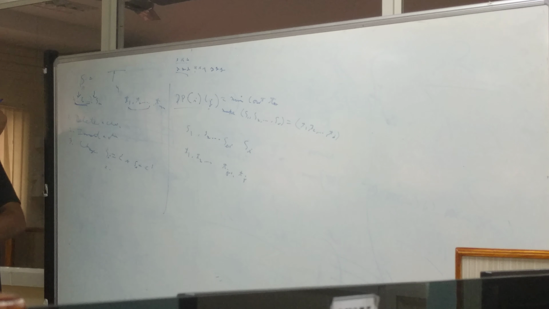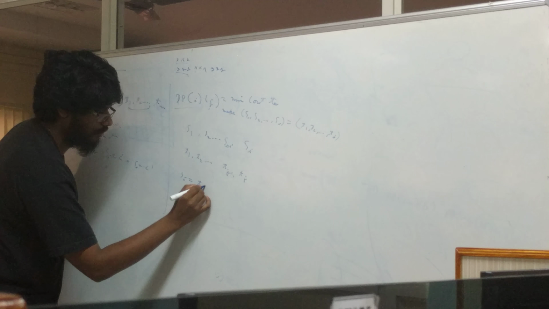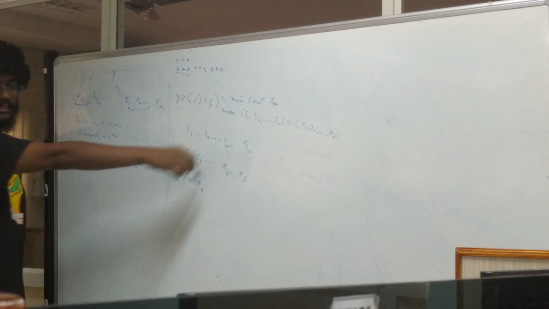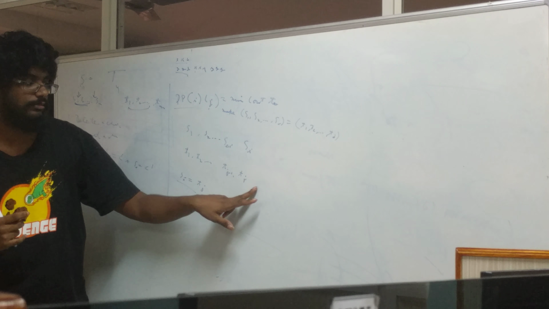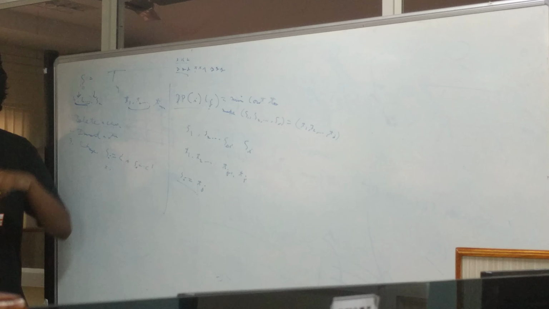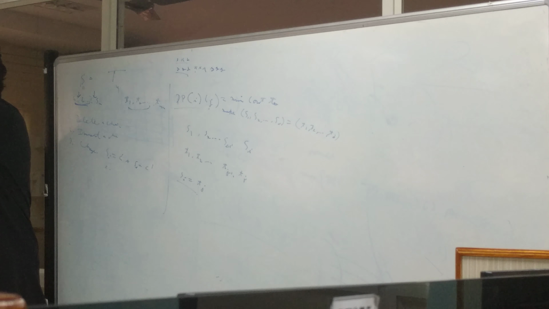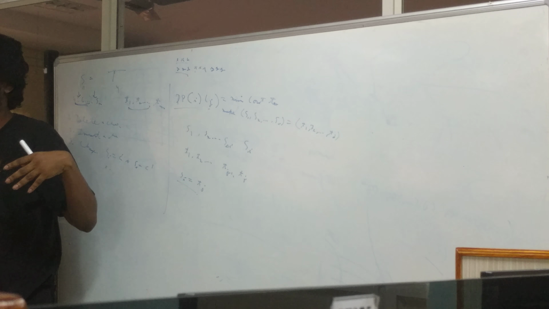Okay, so let's take the first case where Si equals Tj. That is, the last two characters are equal. If the last two characters are equal, does it ever make sense to change them or delete them or add something to their right? No, right? I have two equal elements at the end. So I might as well keep them equal and just focus on the prefixes.